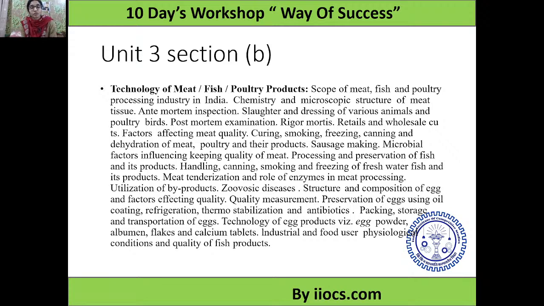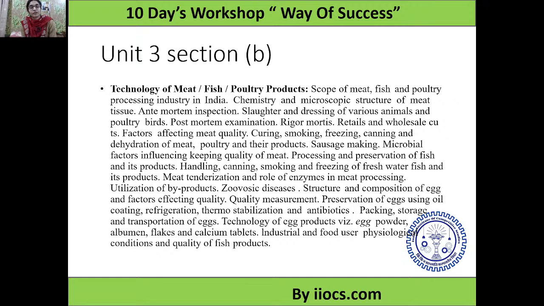So for quality measurement, we'll study the grading, and we'll study the candling mechanism, the Haugh index, all these quality evaluations which help you to determine what kind of quality egg one is eating.